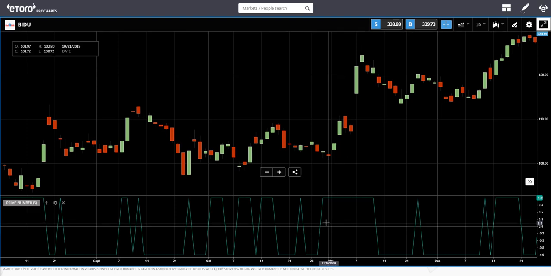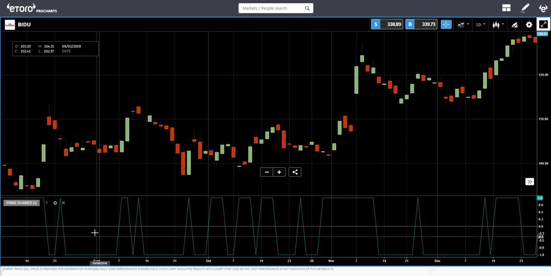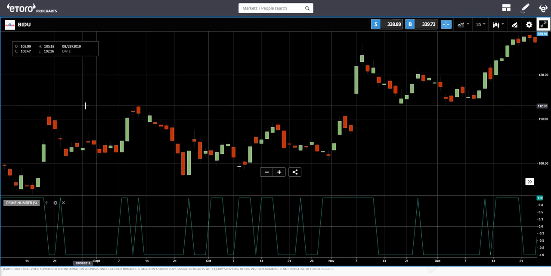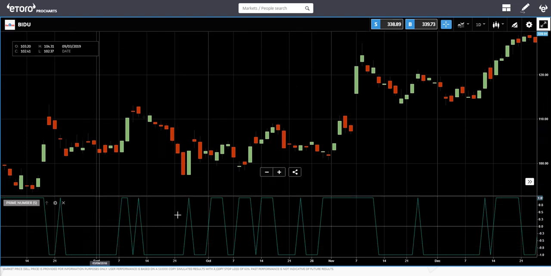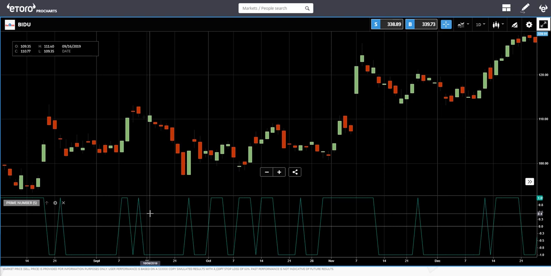But on some other indicators, this is different. And mathematically, I do not agree with this setup on eToro or some other platforms.